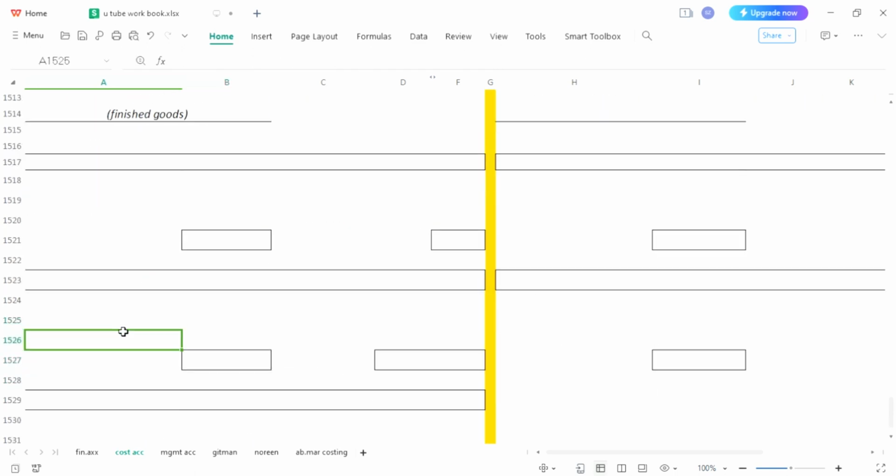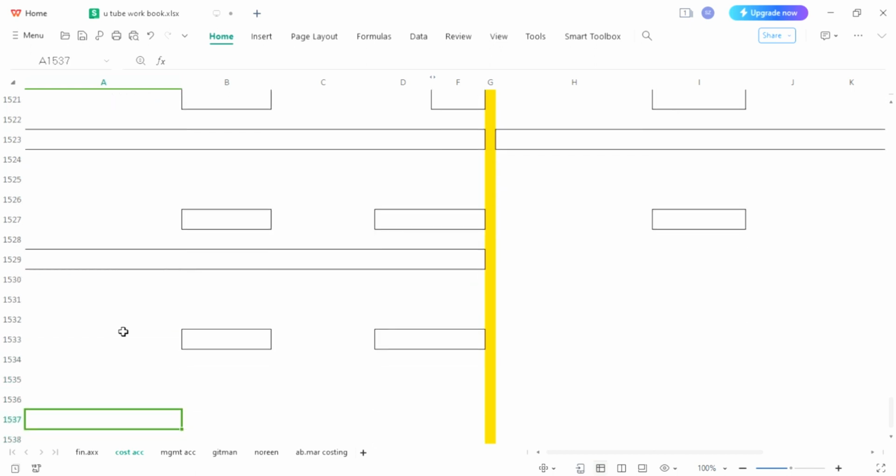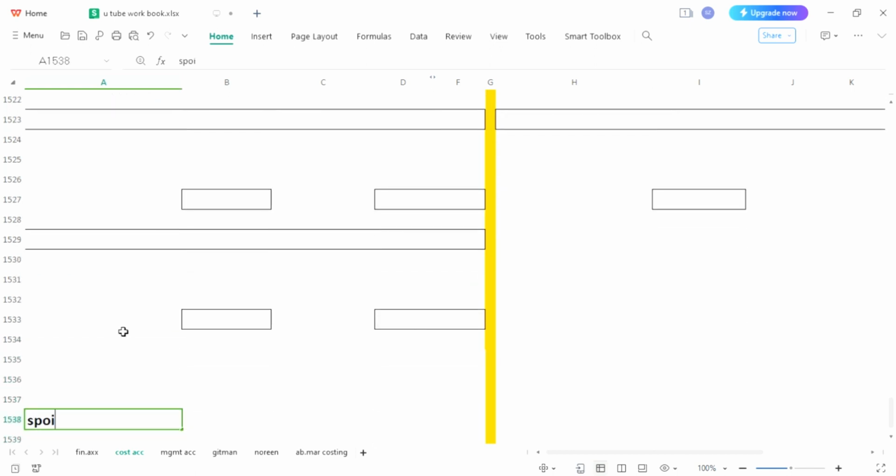So here you will write spoiled work in process for material. How would you calculate it? Spoiled amount would be multiplied by capital M and would be divided by total cost.